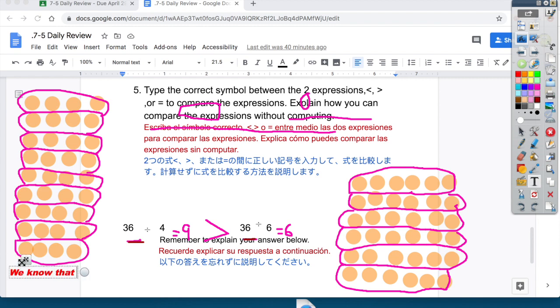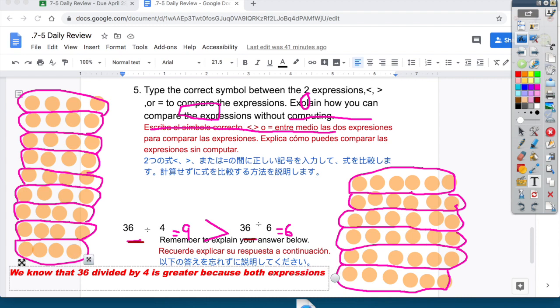We know that 36 divided by 4 is greater because both expressions have the same dividend, and 36 divided by 4 has a smaller divisor.